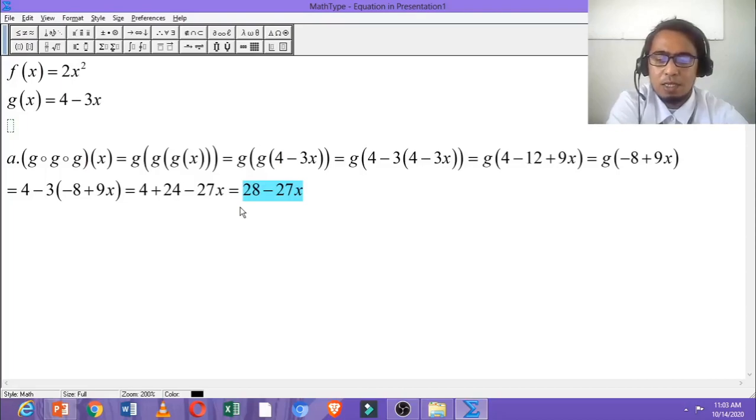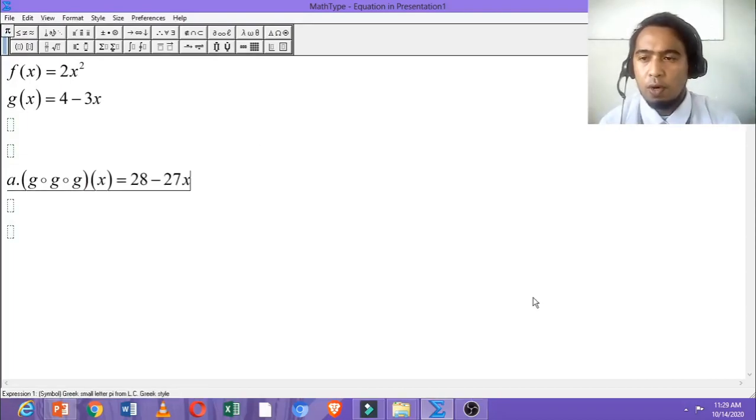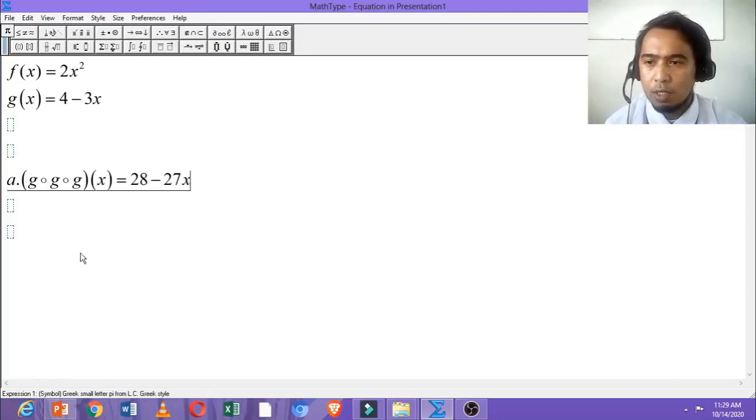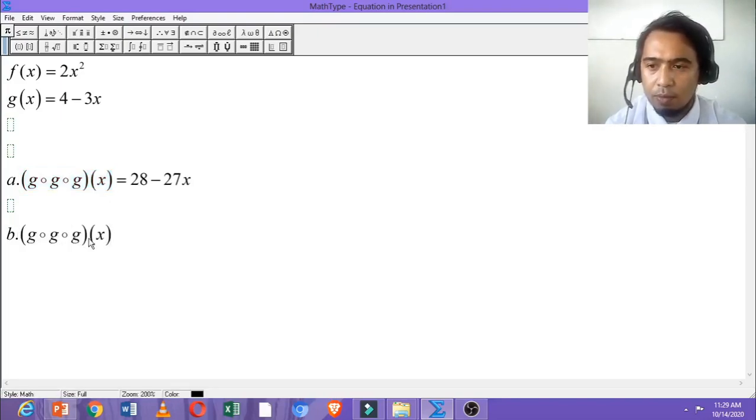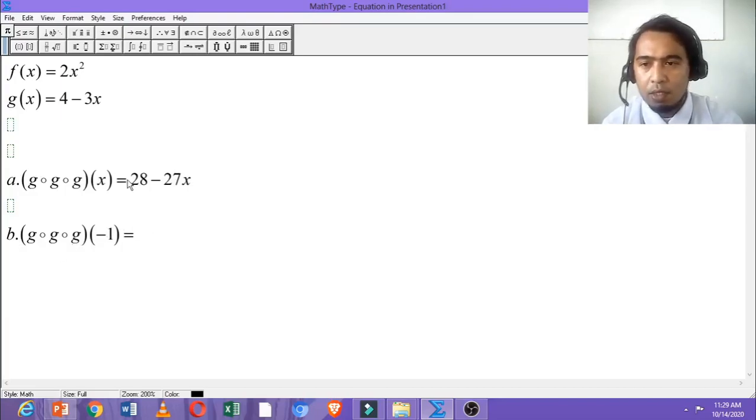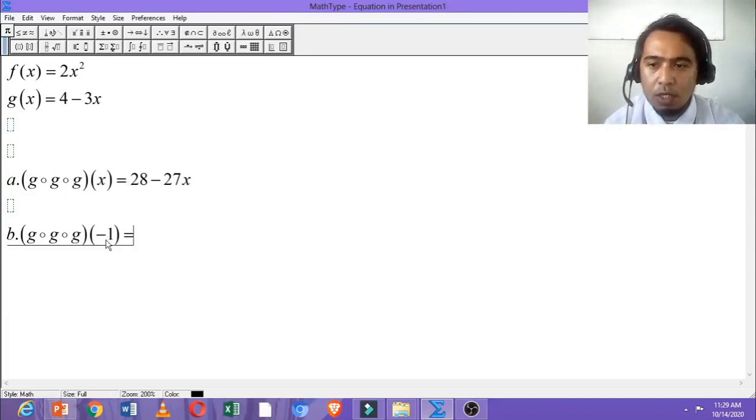28 minus 27x. For letter B, it is somehow the same as letter A, but the input is negative 1. So we will now have g composition of g composition of g of negative 1. So we can recycle the answer of letter A in finding the answer of letter B. Since it is 28 minus 27x, we will just substitute negative 1 in the value of x.